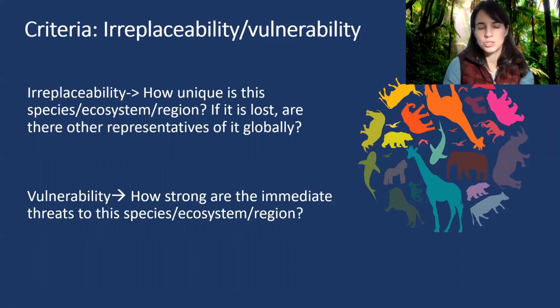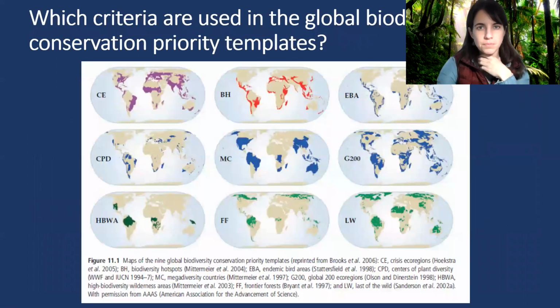Those ecosystems actually do happen to be vulnerable because what else is in Southern California? Many, many, many people. Los Angeles, Santa Barbara, really desirable places to live. So an ecosystem can be irreplaceable or vulnerable, or it can be both irreplaceable and vulnerable, right?